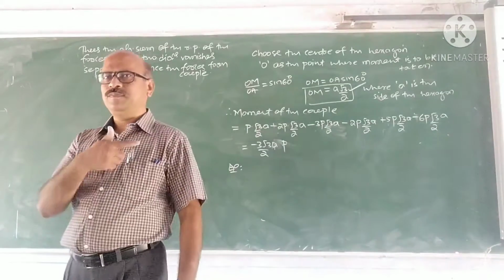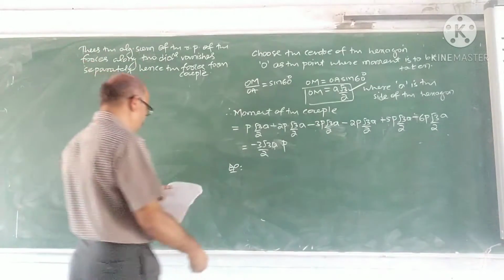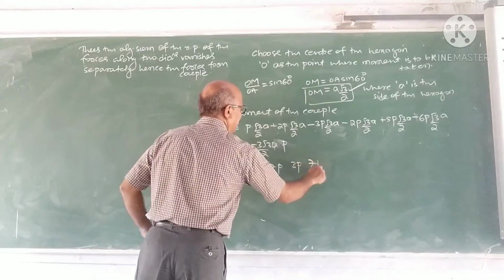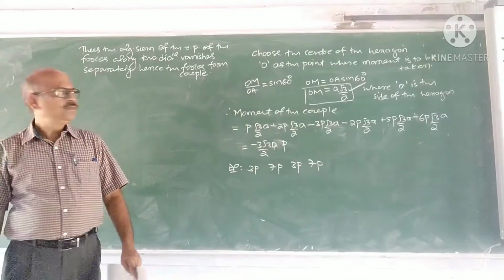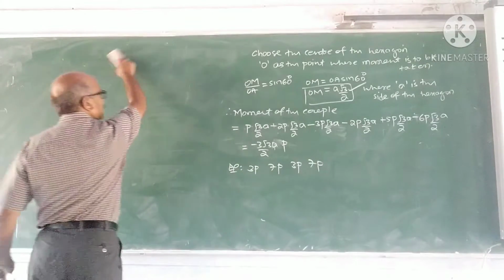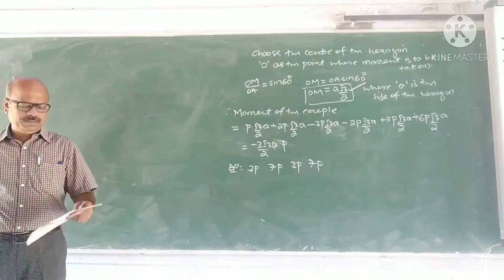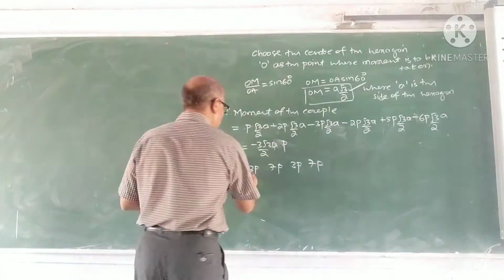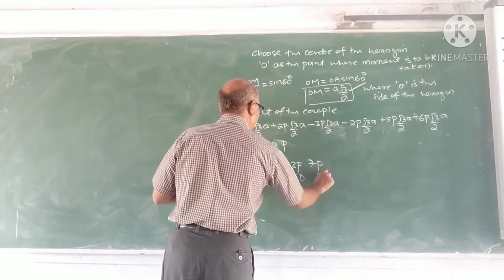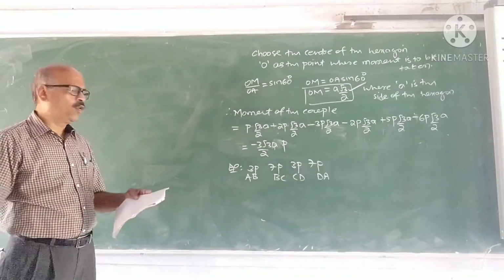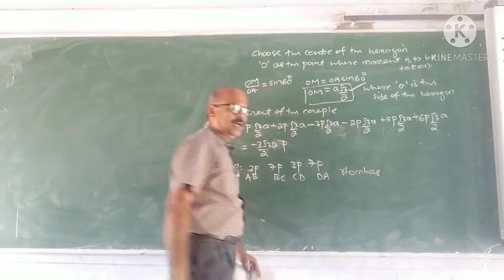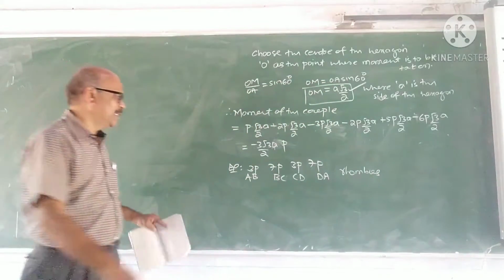We completed this. Now we shall go to the next problem. Four forces 3P, 7P, 3P, 7P act along the sides AB, BC, CD, DA of a rhombus ABCD.